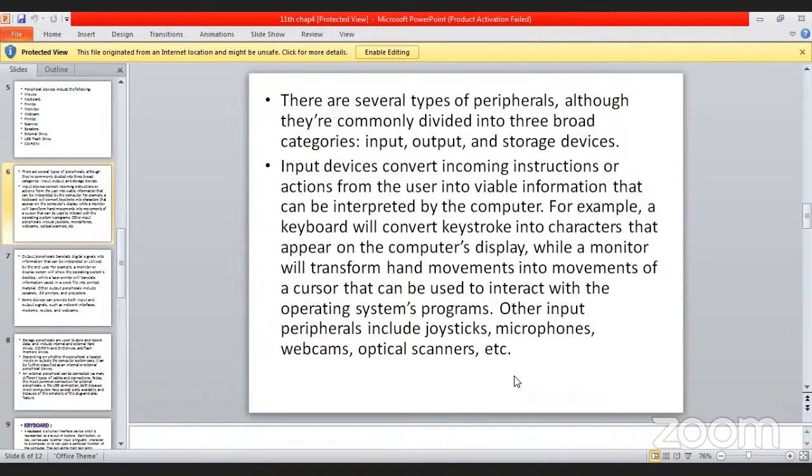Suppose we type a program for the addition of two numbers. For that addition, we enter 10 plus 20. So 10 is presented in binary form, 1010. For the plus we use an operation code, we write add.